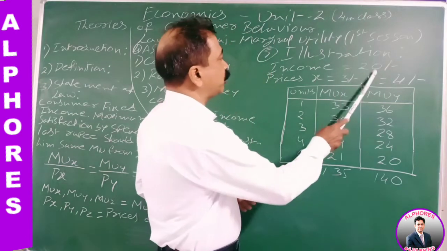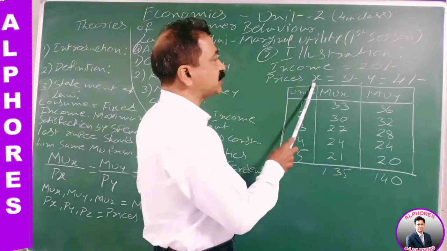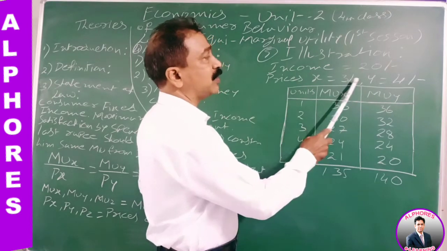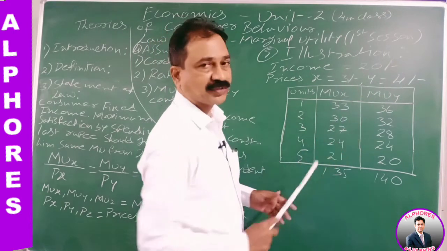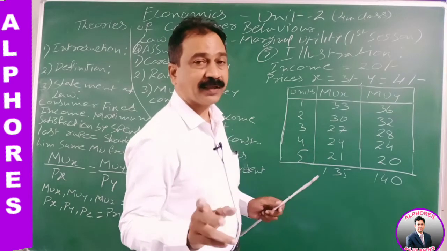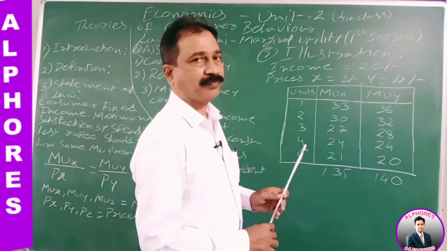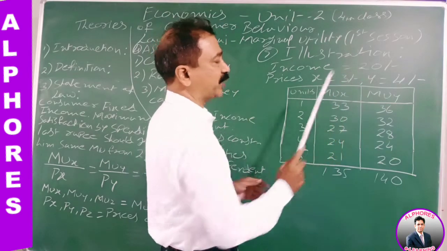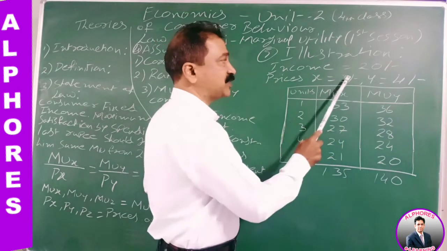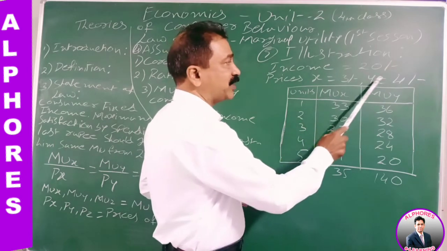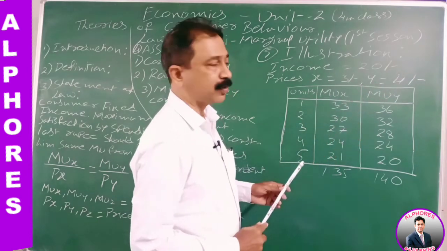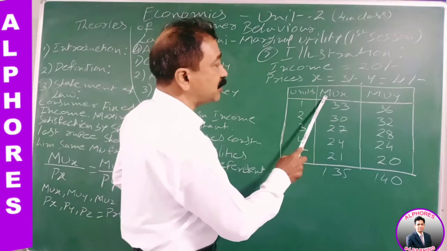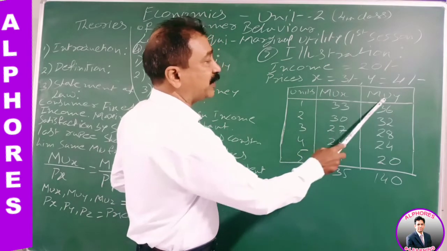Price of X commodity is 3 rupees. Price of Y commodity is 4 rupees. You are going to put this money to two uses, to purchase two commodities. One is X, another is Y. X commodity price is 3 rupees. Y commodity price is 4 rupees. Okay. Let us see the marginal utilities of X commodity and Y commodity.